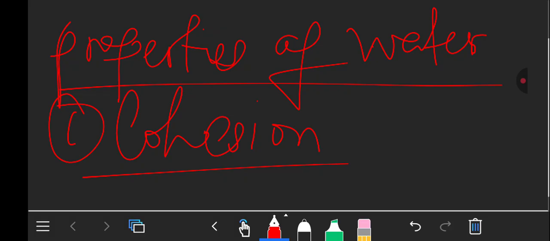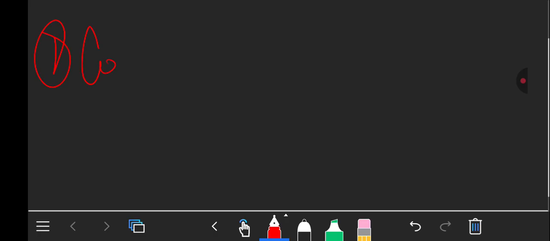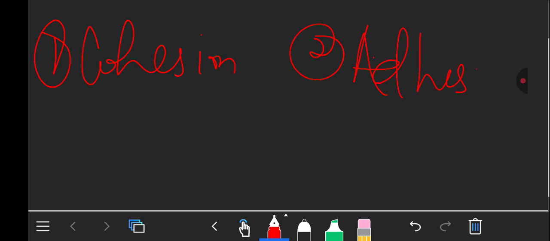Cohesion is simply the attraction of molecules of the same kind. The opposite of cohesion is property number 2, which we are calling adhesion. So cohesion is the attraction of similar molecules, but adhesion is the attraction of different molecules.